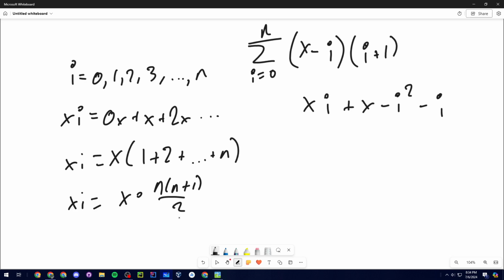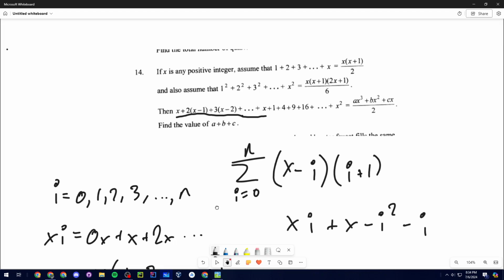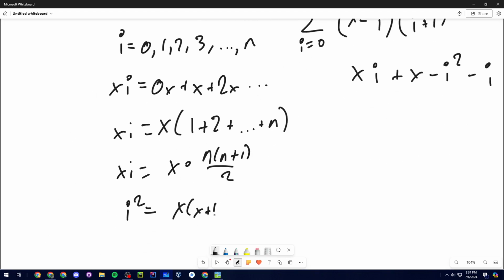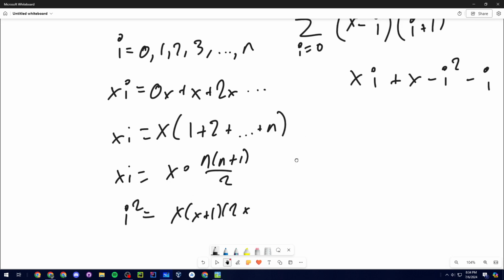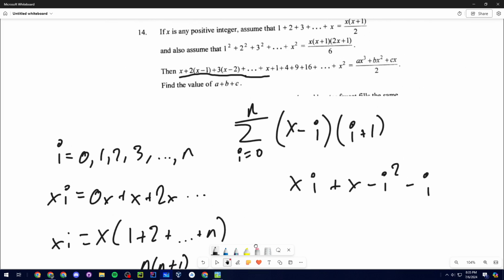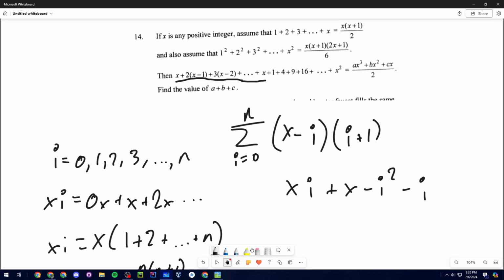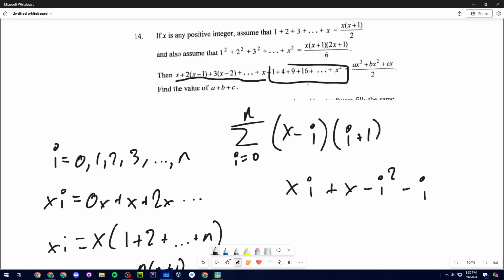Why does that feel wrong? Oh, x is just your variable. And then i squared is equal to x plus 1, 2x, or wait, yeah, 2x plus 1 up to, or wait, actually, before I even do that, I just realized this is also equal to i squared.